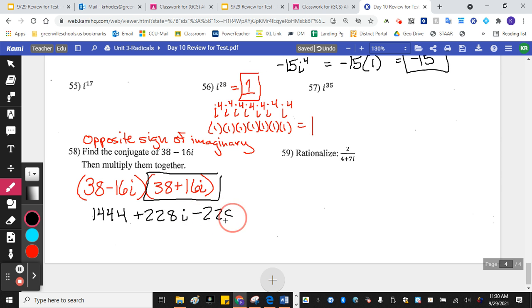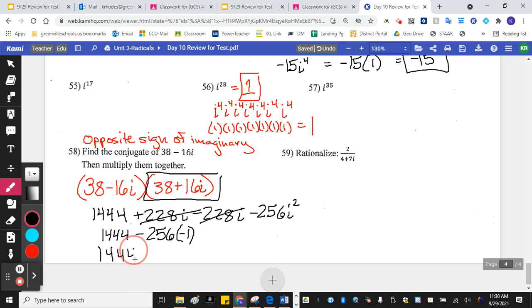Negative 228i. And 16 times 16? Those cancel out. 256 i squared is negative 1. My mistake, I got a little 4 happy.